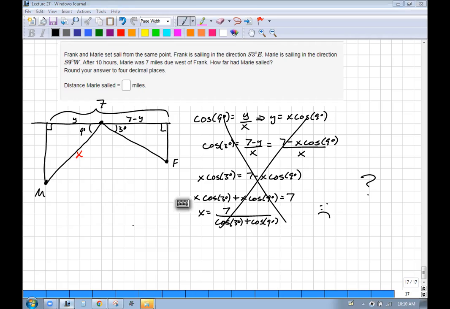Right? Maybe we could use a, oh, I got an idea. What if we looked at this triangle? This would be 180 minus 12, which is 168. If we can get some of the information in here, like we called this x, we'd have to get this 7 information involved in this other triangle.